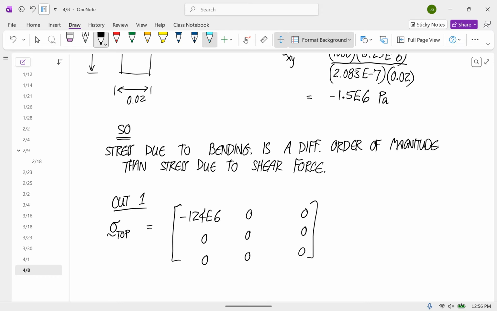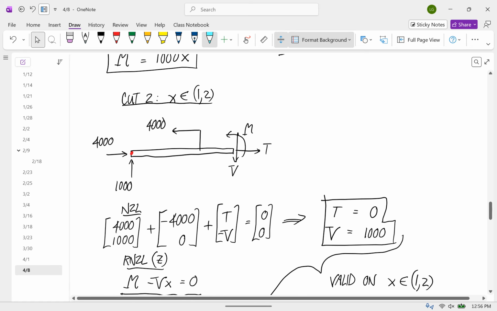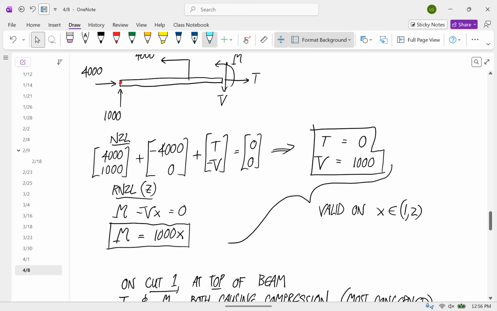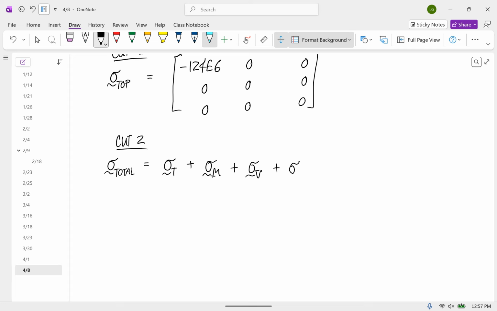Now that we've figured that out, we can go to cut 2. And remember that cut 2 doesn't have any internal tension. So we're only worried about the bending moment at the top on cut 2. So our total stress tensor is the stress tensor due to tension compression plus bending moment plus shear force plus torque.